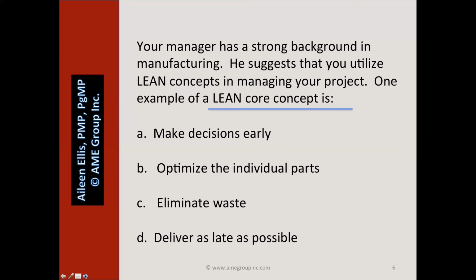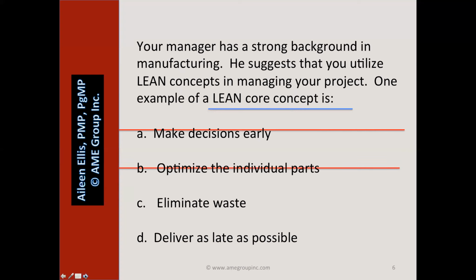A, make decisions early. When I think about lean, we don't want to make decisions early. We want to make decisions as late as possible. As an example, reprioritizing the backlog, we want to do that as late as possible. I'm saying answer A is wrong. I don't like the word early.